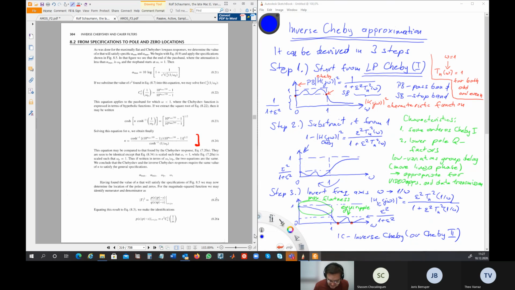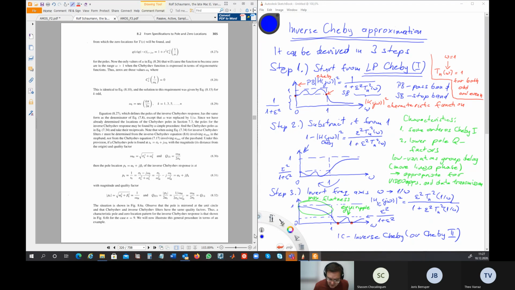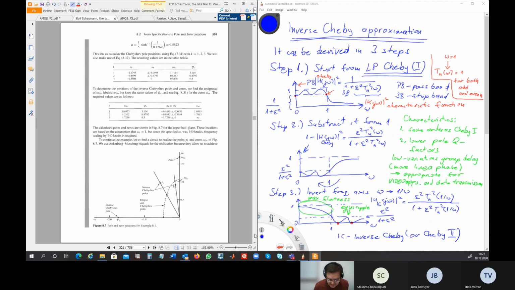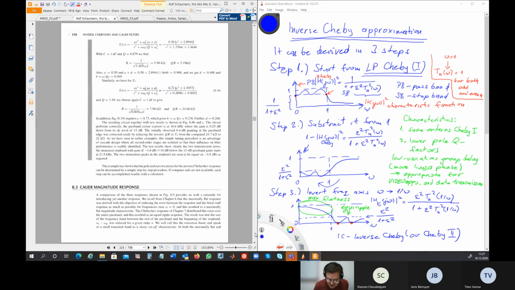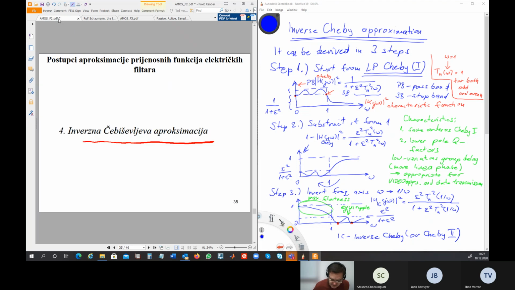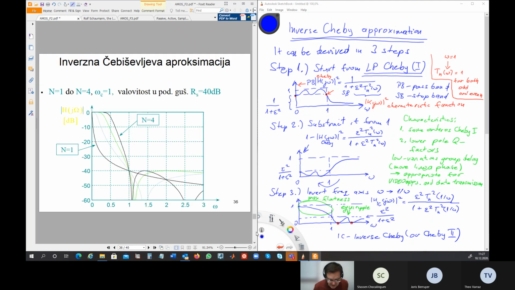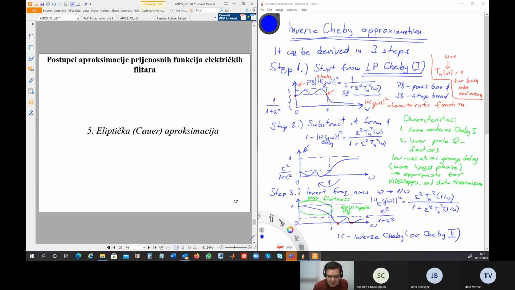Okay? Or inverse Chebyshev, this is the same order. Now we continue with Cauer. So this was enough. You see here inverse Chebyshev on our creation slides. So this is something we have now finished. Now we continue with Cauer approximation.